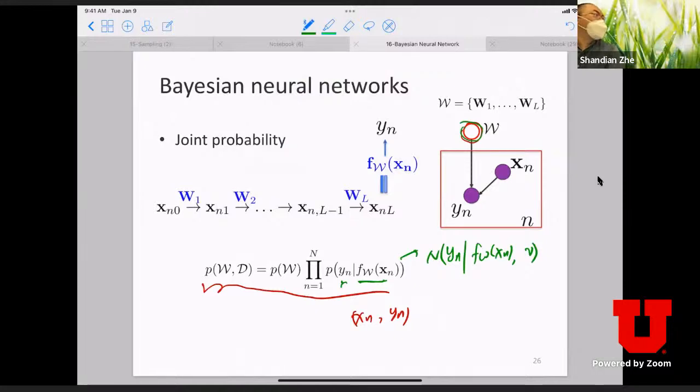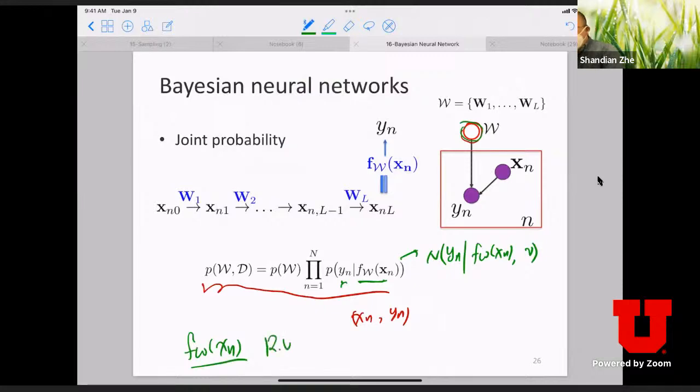Any questions so far? That depends on how you specify W. If you get different values of W, of course the output will change. I would say you view the output as a random variable.